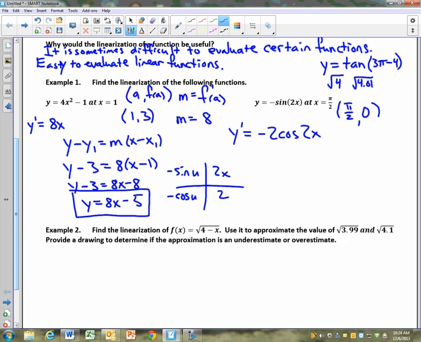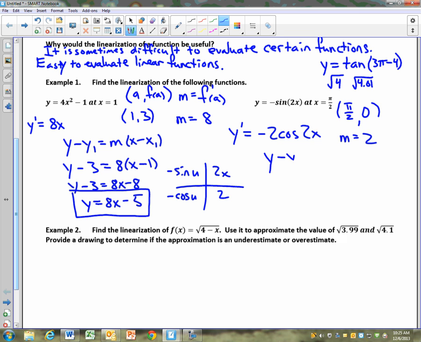Well, if you want to find what the slope is, what value do you plug in? Pi over 2. Cosine of pi is negative 1. Cosine of pi is negative 1 times negative 2 is positive 2. So we write out our formula.